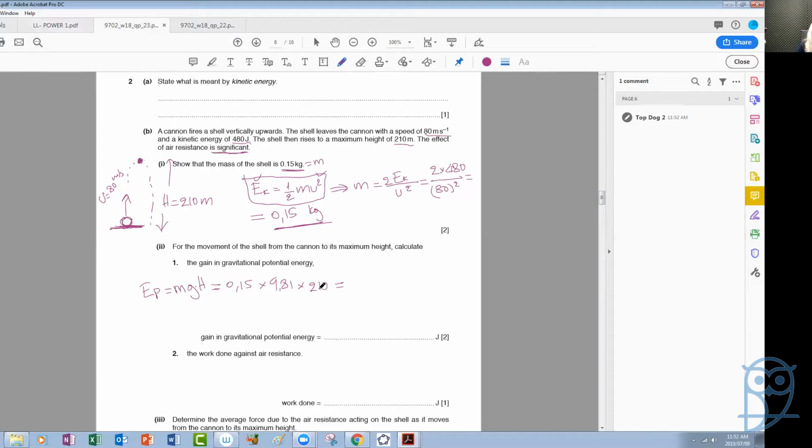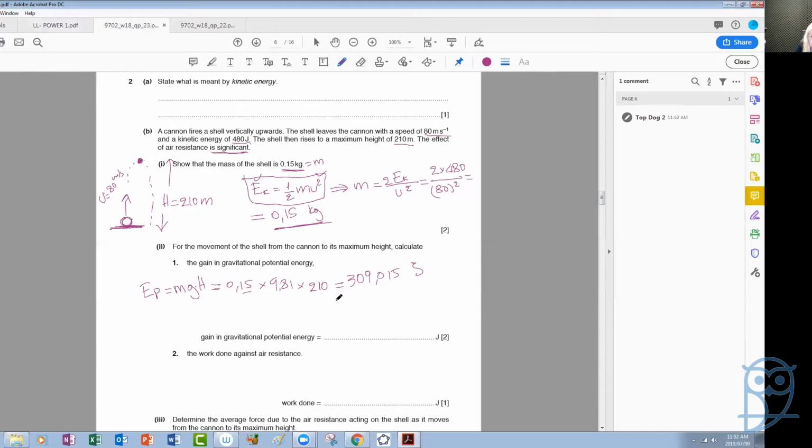Okay, so let me see how much I find here. Well, with a calculator we find 309.015, but be careful now, because we need to be careful of the significant figures. If we look at the numbers that we are given, this one has 2 significant figures. So our answer must be in 2 significant figures.